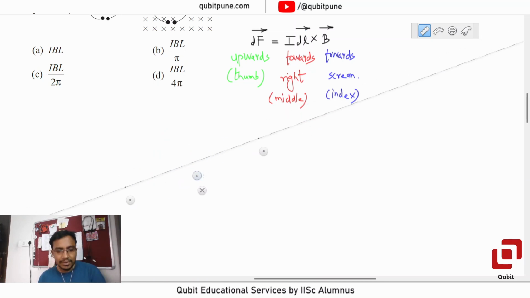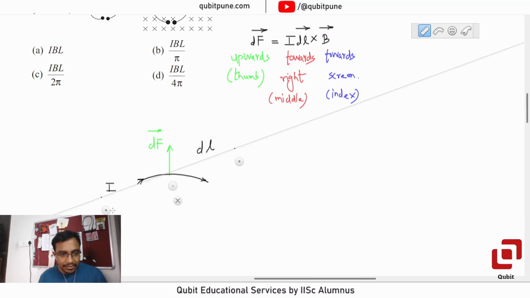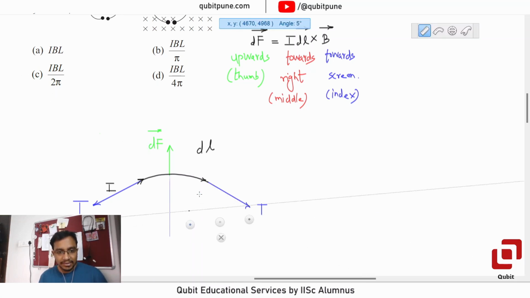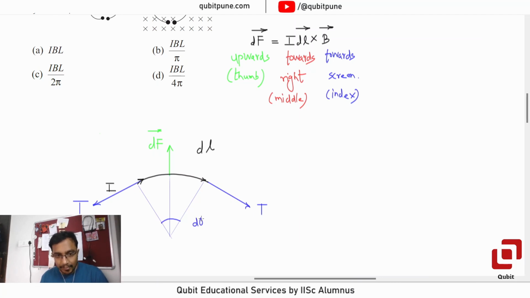Suppose the tension is like this, and suppose that this particular circular arc subtends an angle d theta at the center.